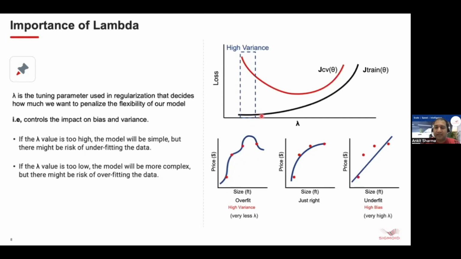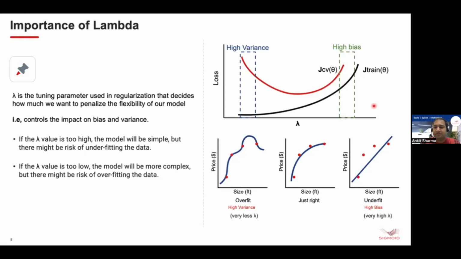Now, if you keep on increasing the lambda value, you will come to this point. Here you have a very high value of the loss function for the training model, and at the same time a very high value of the loss function for the cross validation model. This scenario is called high bias.